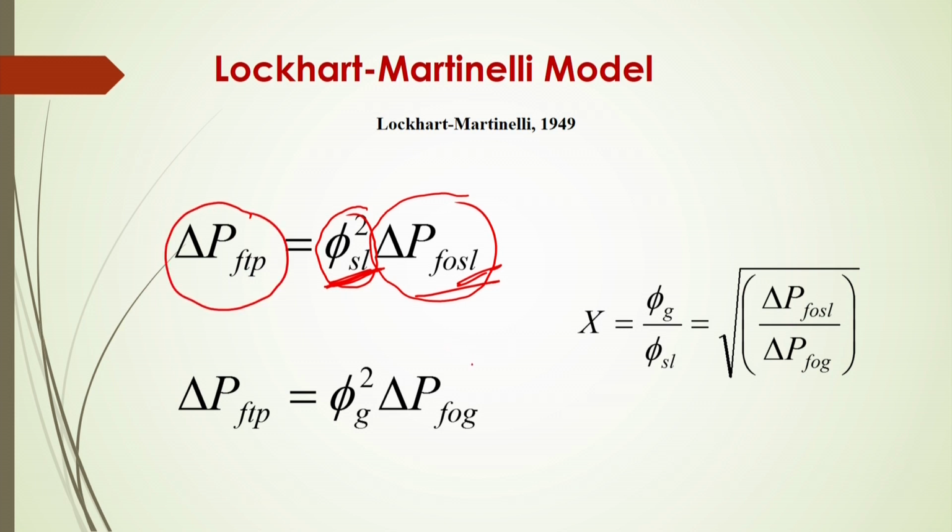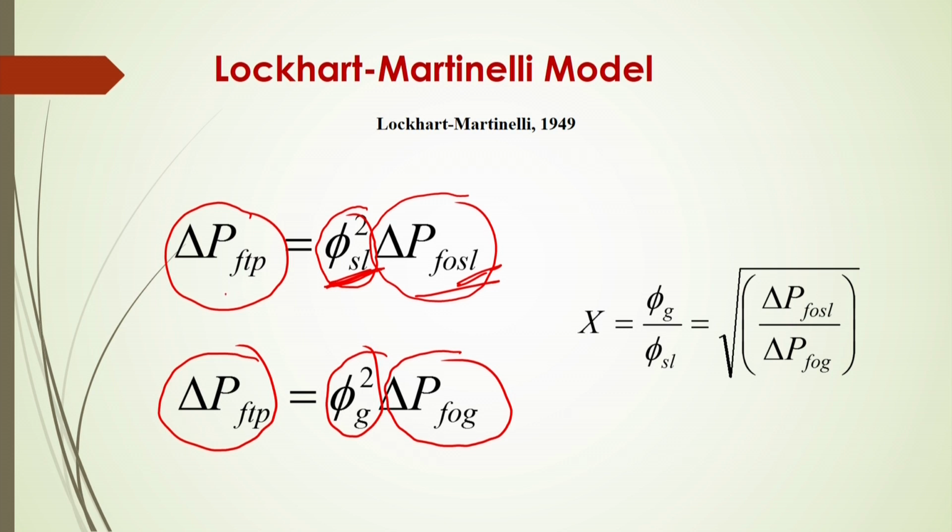Even if you consider the single phase pressure drop of gas, then there is a multiplication factor by which you can get the total frictional pressure drop in the bed. You have to remember, this Lockhart-Martinelli model is basically for frictional pressure drop analysis.